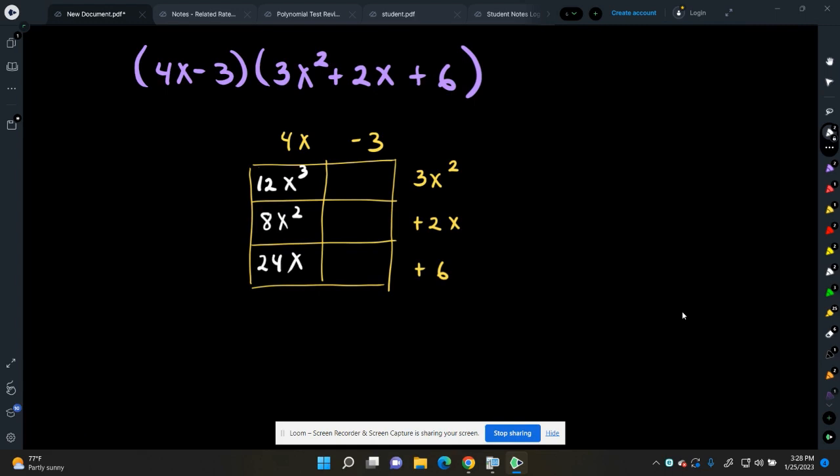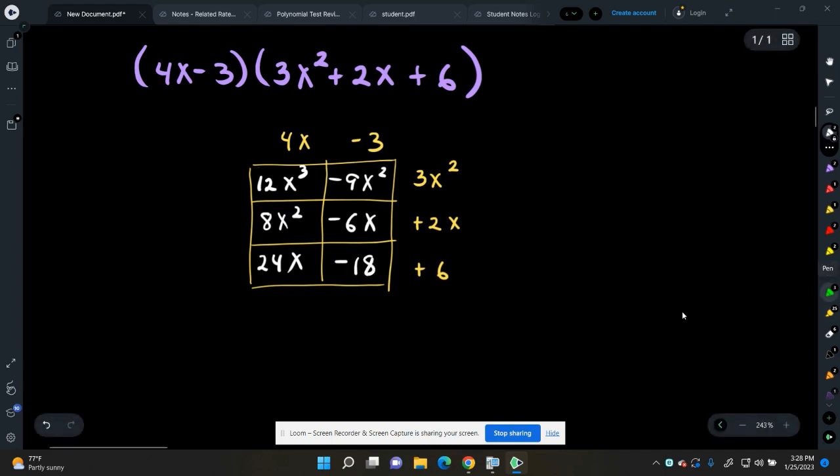Here we have negative 3 times 3x squared, so that's negative 9x squared. Negative 3 times 2x gives me negative 6x. Negative 3 times 6 gives me negative 18. All right, so then we are going to do our diagonals.